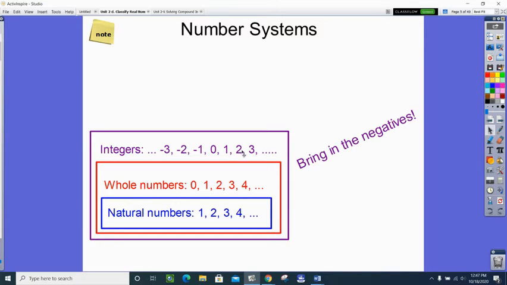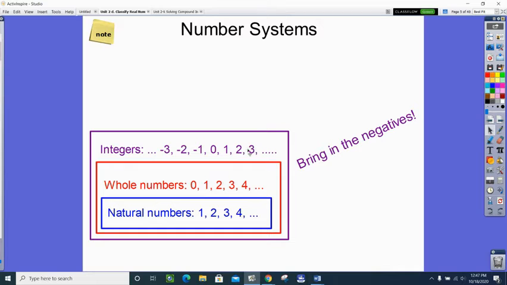So if you take the whole numbers, which are 0, 1, 2, 3, 4, and you add all of their opposites, that would be the integers. So the number 1 is a natural number, a whole number, and also an integer. The number -1 is an integer, but it's not a whole number or a natural number. Again, as we go up, each group becomes part of the next group, but not the other way around.